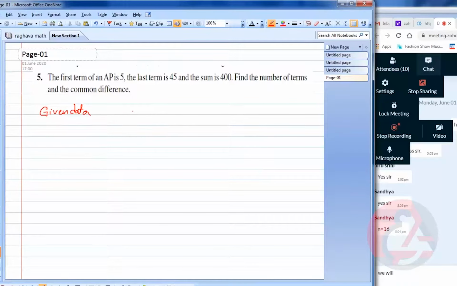The first term of AP, A is equal to 5. Last term, AN is equal to 45. SN is 400.